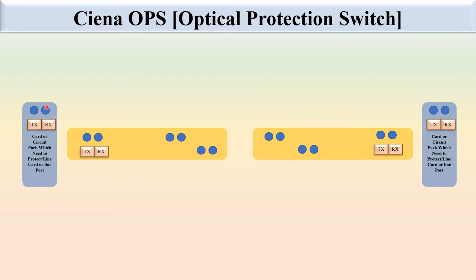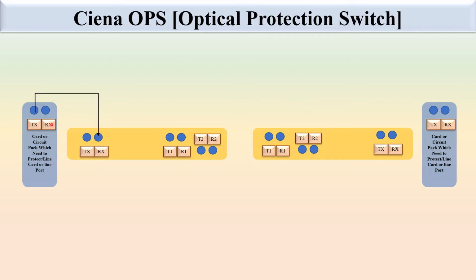This is the TXRX of the card, or you can say the transponder card or line card or any optical circuit pack. In the same way, this is for the far end. This is the TXRX for OPS A. Suppose this is the TXRX for the far end OPS, you can say for OPS B. This is the T1R1, T2R2 for the OPS on the left hand side, and this is the T1R1, T2R2 for the OPS on the right hand side.